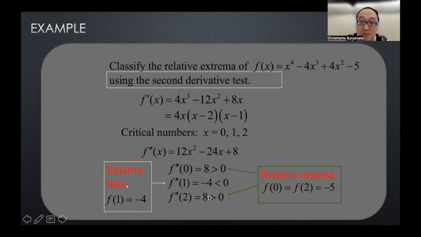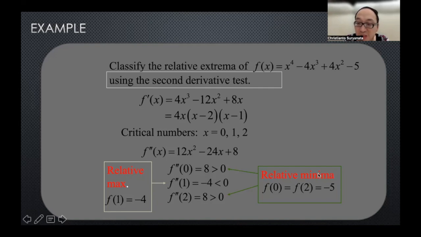And if you check by the coordinates, you put 1 into the function here, 1 minus 4 plus 4 minus 5, it will equal negative 4. And if you put 0 and 2 here, you will have negative 5. So from this, we can say that this is smaller than this.